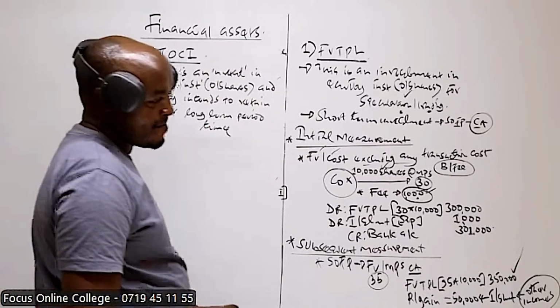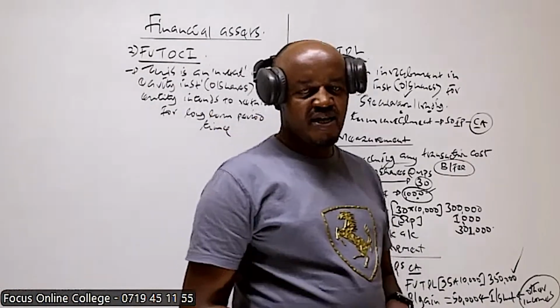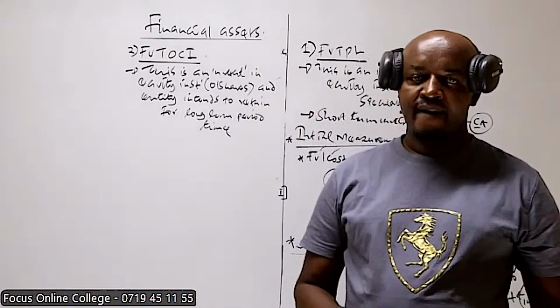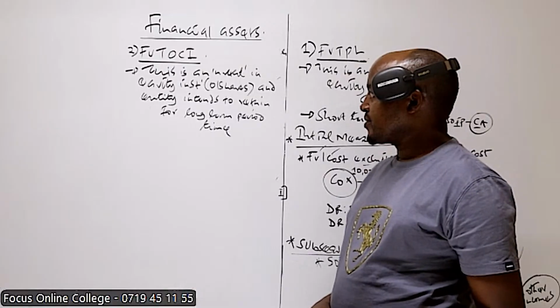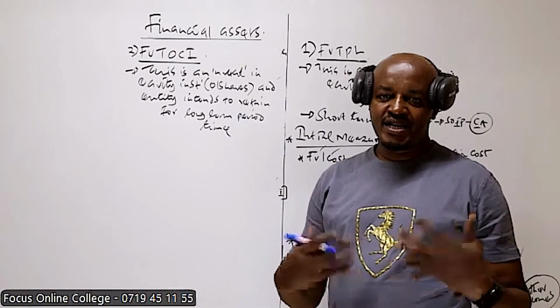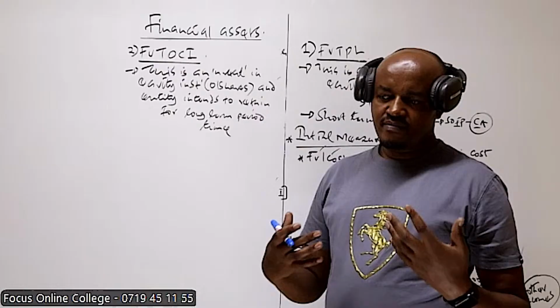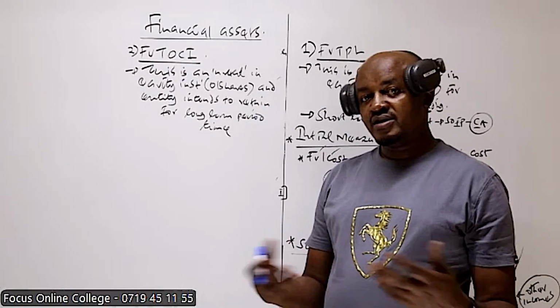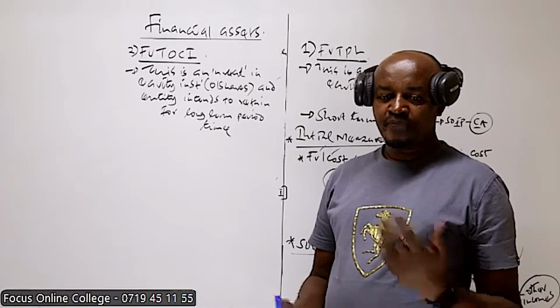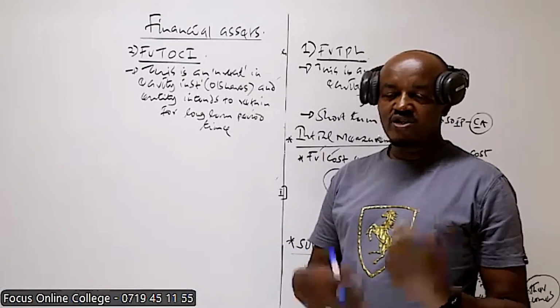So here, the company has not acquired these shares for speculation. The company didn't acquire those particular shares to sell them once their market price increased. Maybe the company bought those shares to be earning dividends.